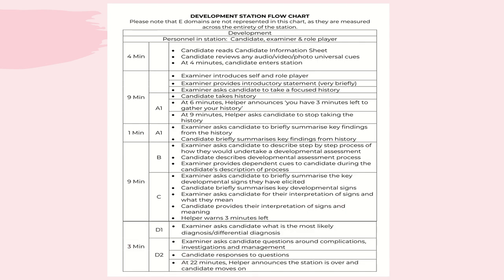This is how the development flow chart looks like. During the first 4 minutes, the candidate will wait outside the room. The candidate will be given the candidate information sheet. If required, any photos and other cues will be given. After completing 4 minutes, the candidate will enter the station.